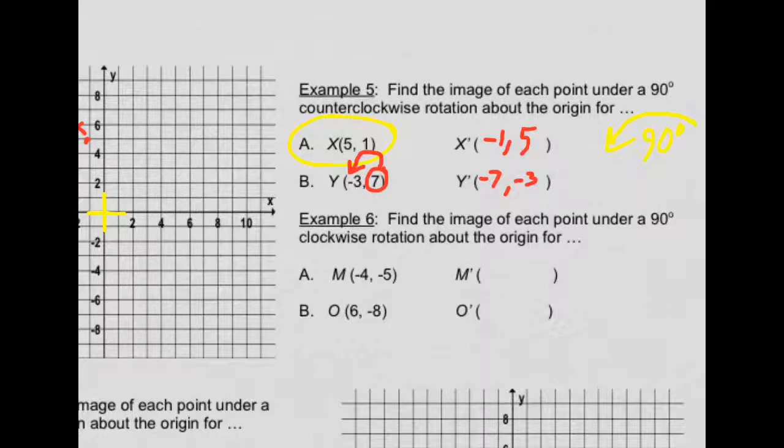Alright, find the image of each point under a 90 degree clockwise rotation about the origin for negative 4 and negative 5 for M. Go ahead and do that.